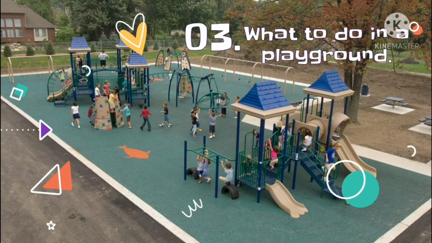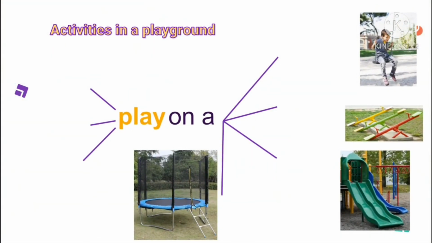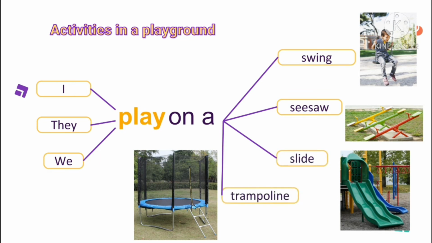part 3. What to do in a playground. Activities in a playground. If the subject is either I, they, or we, then we will say, I play on a swing, a seesaw, a slide, or a trampoline.